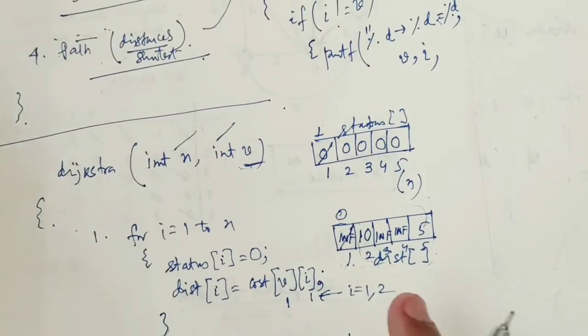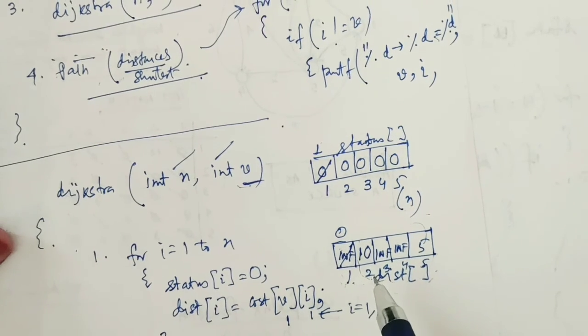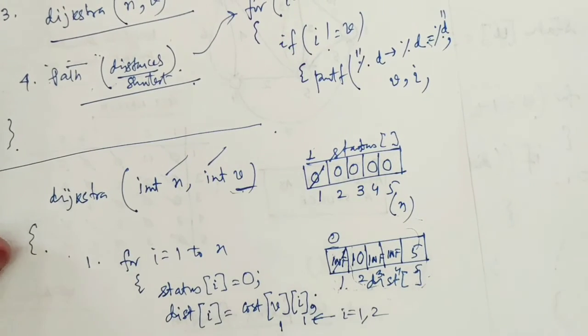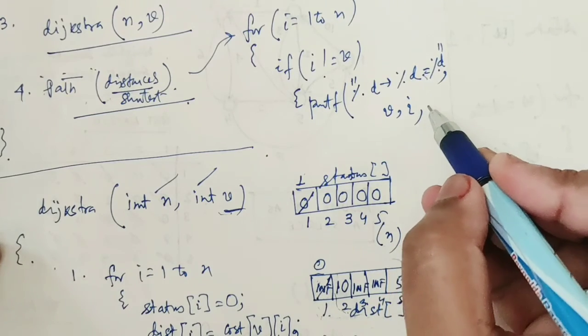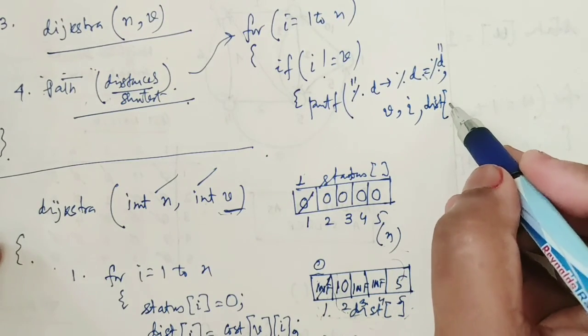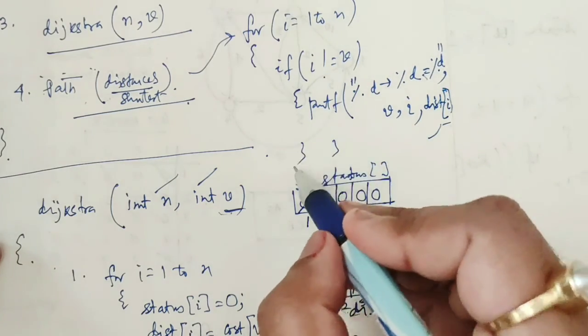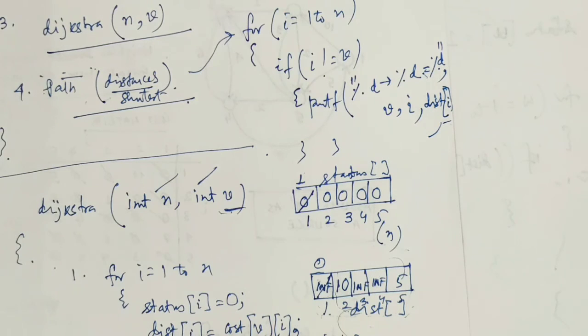So this plays a dual role. You can take the vertex for exploration, and finally this table will help you identify the final shortest path estimates, which conventionally we call delta. So you have to use dist of i. In that way you can display the path.